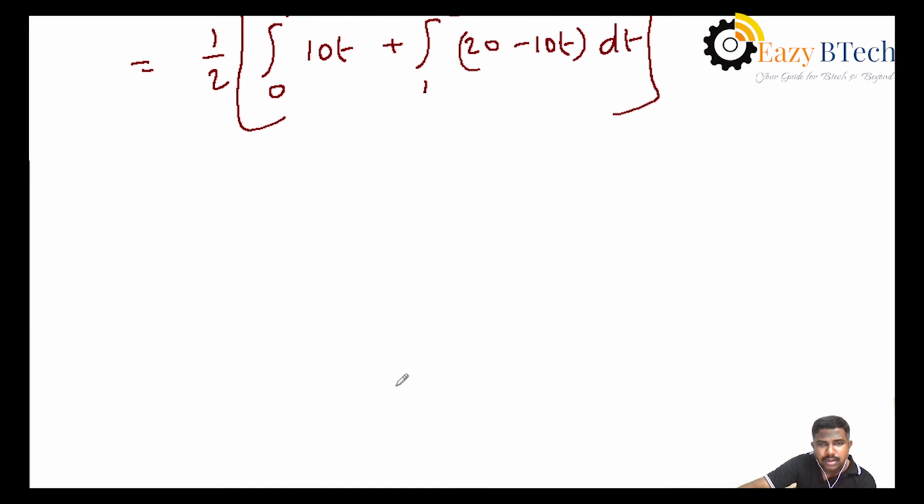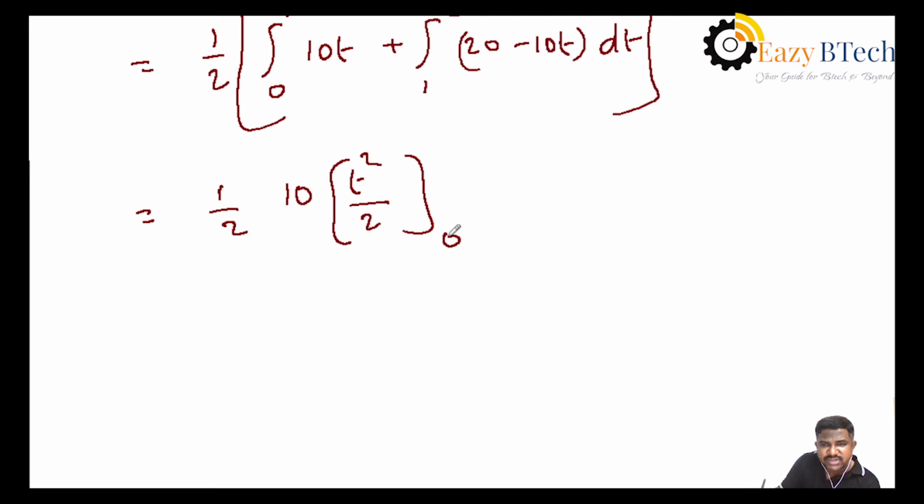Okay. Then you can apply the integral, that is 1 by 2. 10 is constant, for t the integration is t square by 2, t power n plus 1 by n plus 1, limits are 0 to 1, plus for 20 constant, the integration is t, minus 10 for t, the integration is t square by 2.